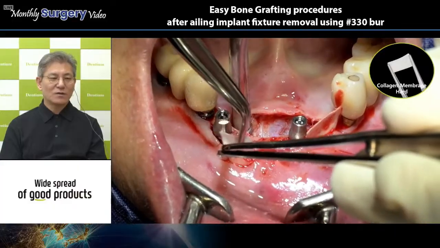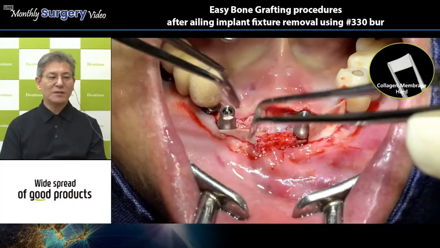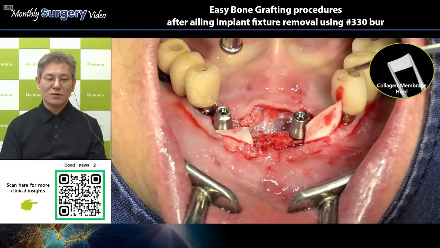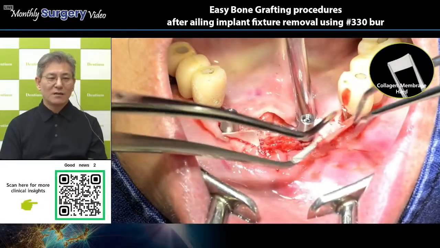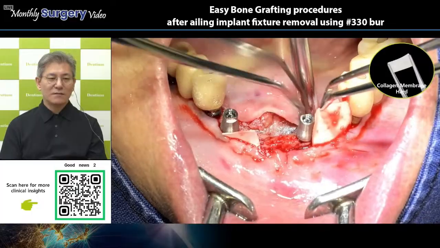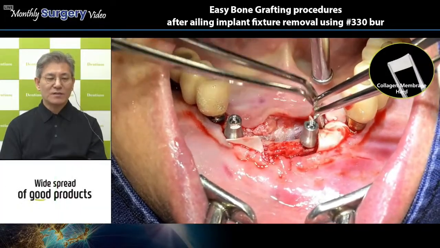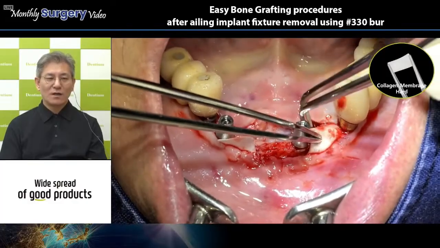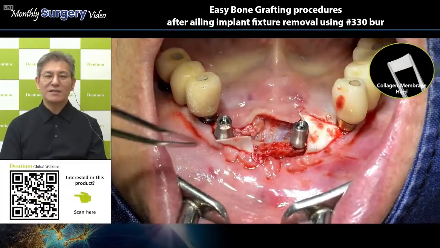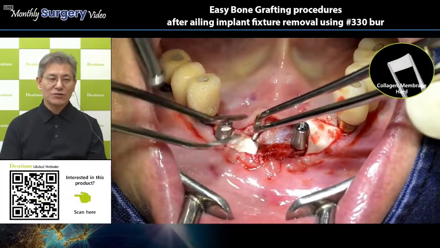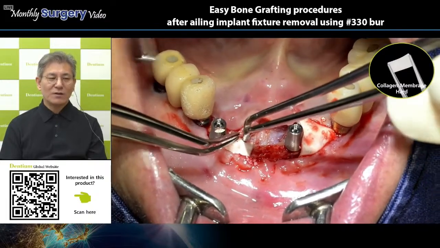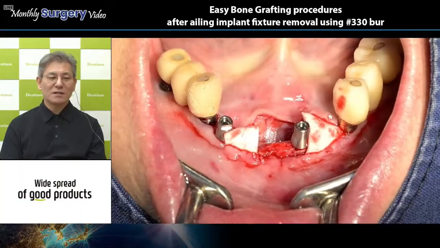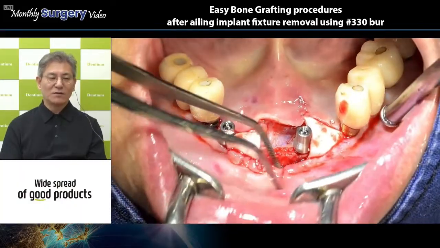So another part is also applied with collagen membrane. This contained defect is easy to apply the collagen membrane. Sometimes you can use pin fixation, periosteal releasing incision and periosteal suturing. However, sometimes just putting it around the defected area is enough.